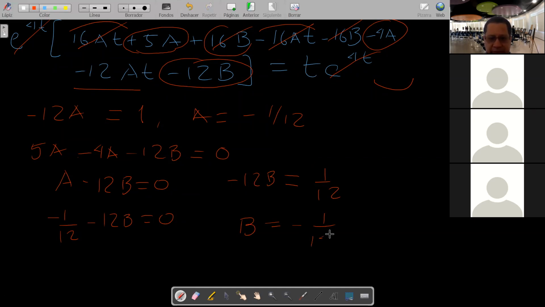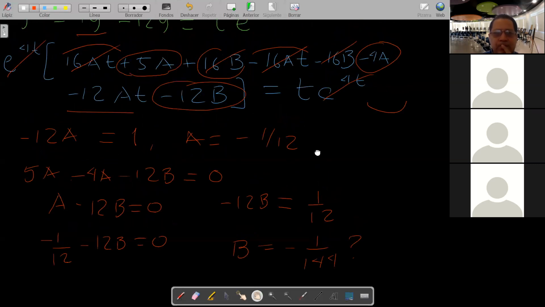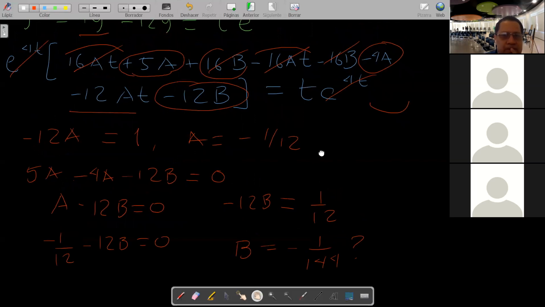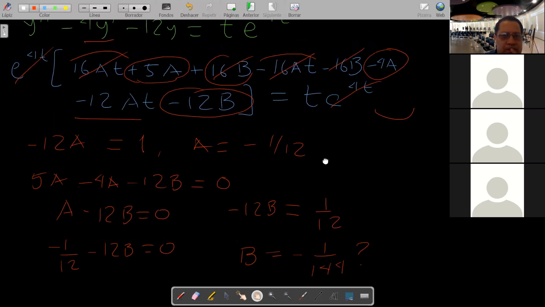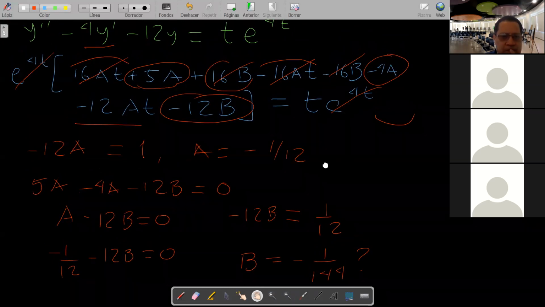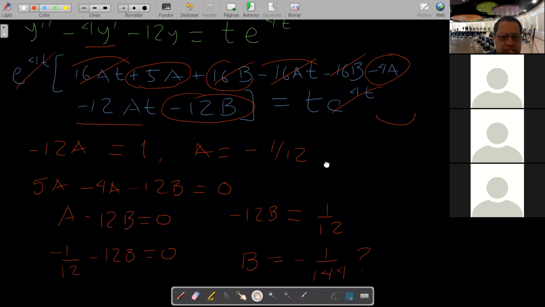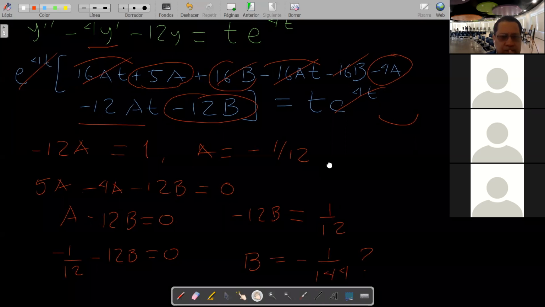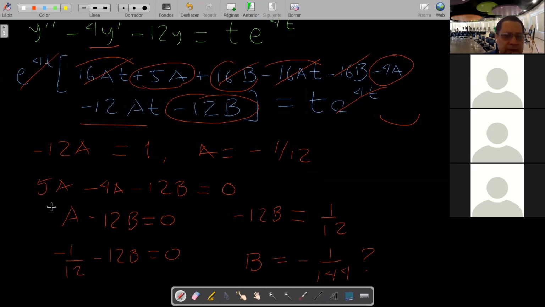I'm not sure about the result. This coefficient should have been 4.